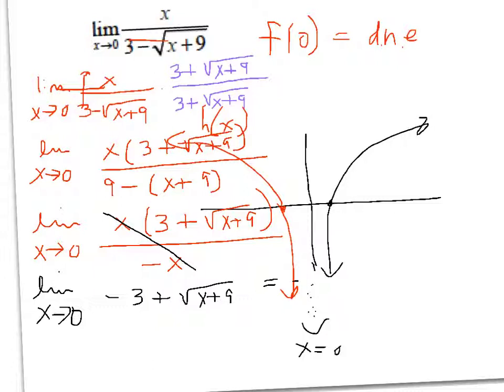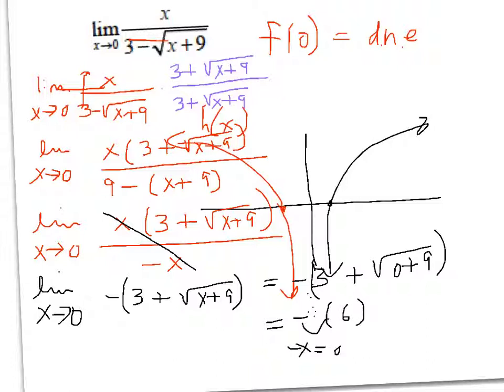The limit as x goes to 0 would be negative 3 plus 0, plus 9, sorry, there'd be some parentheses there because of the negative. So this would be negative 6.